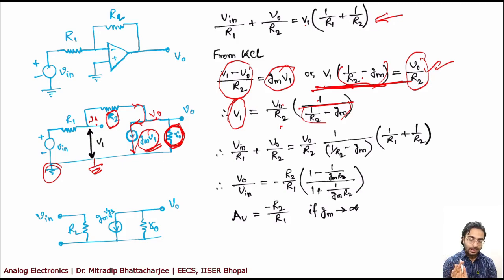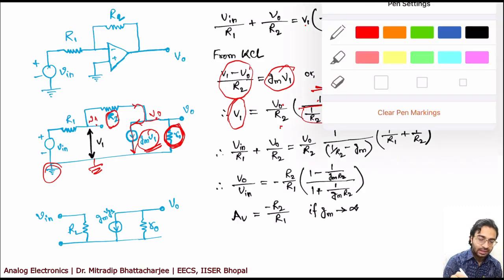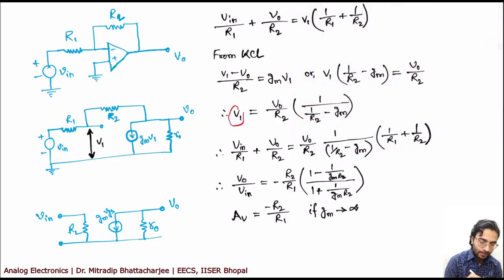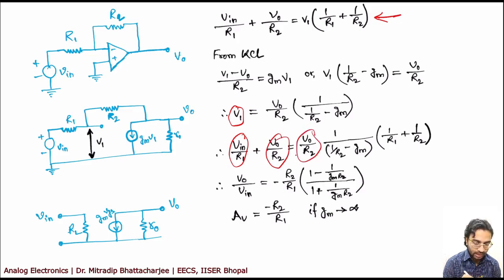Now you have the value of V1, which you can replace in the equation that you have just derived. So V1 by R1 plus V0 by R2 is equal to V0 by R2 into that term, into 1 by R1 plus 1 by R2.